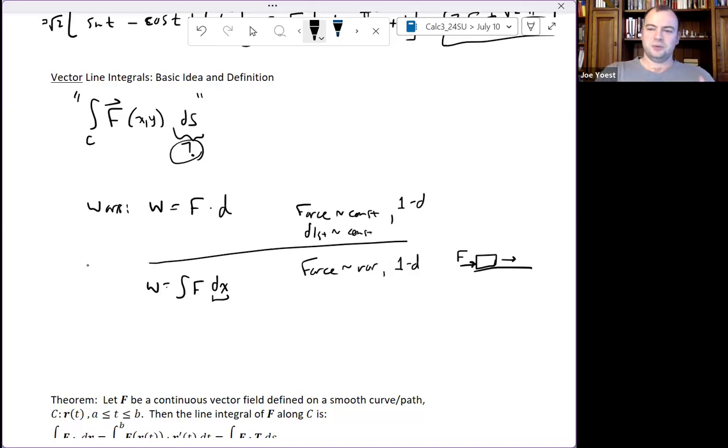And what's the idea here? Well, I take the application of that force over the whole distance. I chop it up into a bunch of little tiny distances. Over each little tiny distance, the force is approximately constant over that one dimension. So I'm approximately constant for each of the little tiny chunks. Then I add them together, I take a limit, that turns into an integral. So work is the integral of force dx, where dx is the increment of displacement.